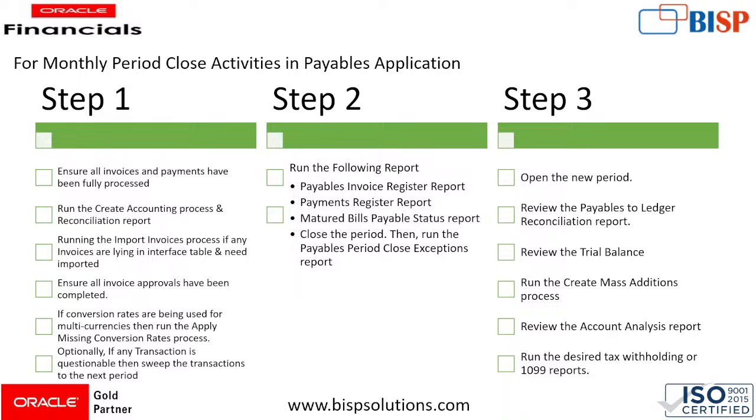Review the trial balance. There are a few other reports you can run for reconciliation. They are listed in the period close folder in the reports and analytics work area.